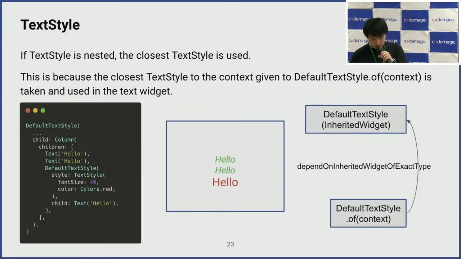If the text style is nested, the most closely defined text style is in use. This is because, as explained before, the implementation in the Text widget uses DefaultTextStyle.of to get and use the closest text style from the given context.